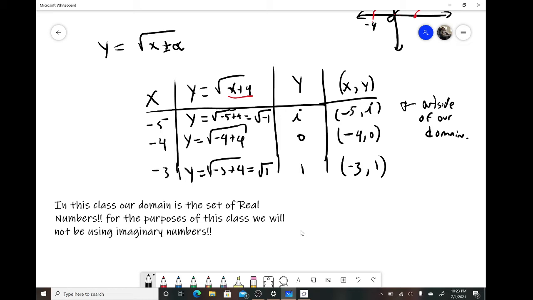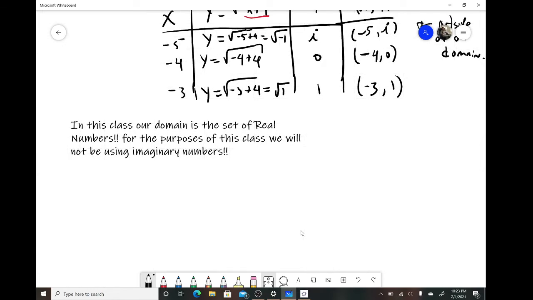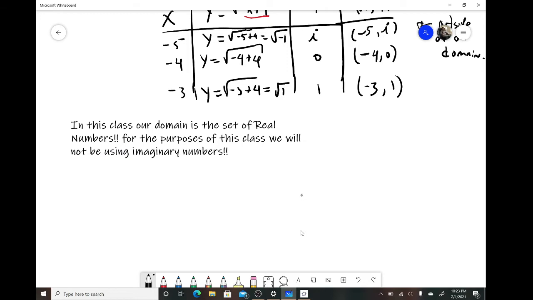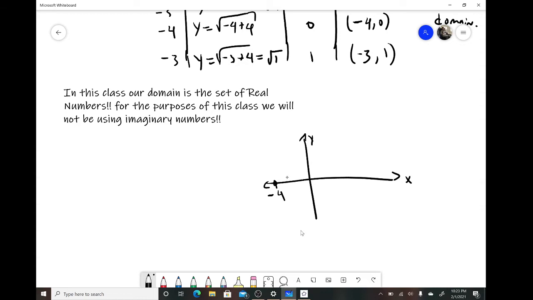But now I have enough information to actually graph this function. So what do we have here? I don't need the ruler. The vertex begins at negative 4, 0, so there's no changing on the axis. And then we have negative 3, 1, up here. And if you wanted to, you could actually find the y-intercept.